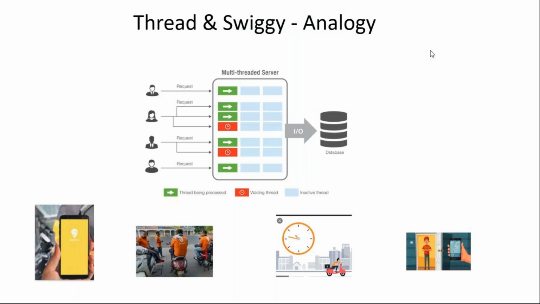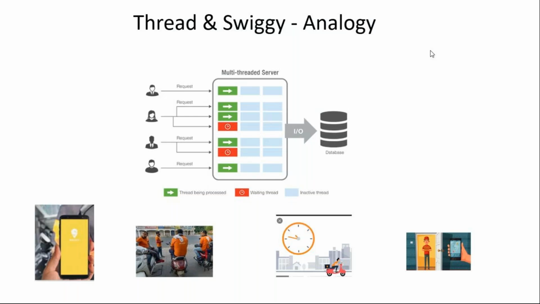When you click something, the request goes from your browser, and it will be handled by a thread. A thread is similar to your delivery person, who is going to handle your Swiggy order.